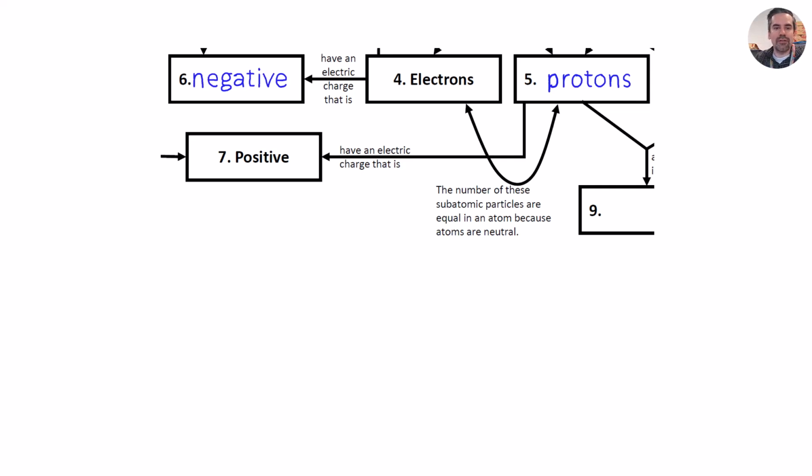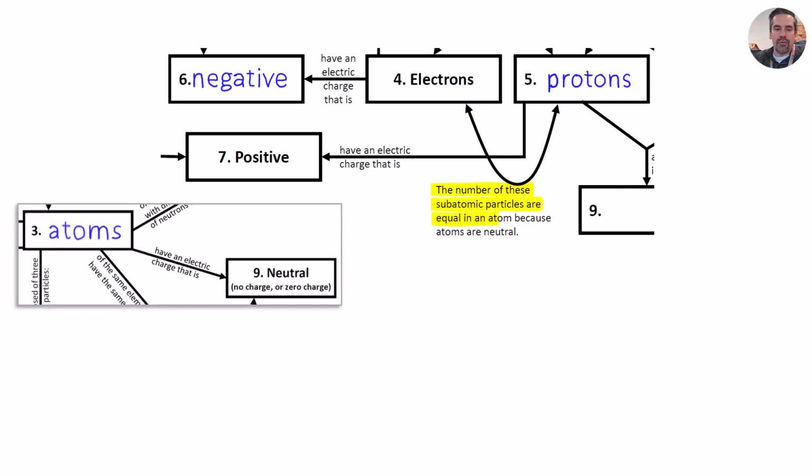Electrons, as we know, have a charge that is negative because of J.J. Thomson's experiment. The beam was attracted to the positive plate. You can go look at that diagram again in assignment number 1 if you need to. And we know protons have an electric charge that is positive. Now, in an atom, we know that they are neutral.